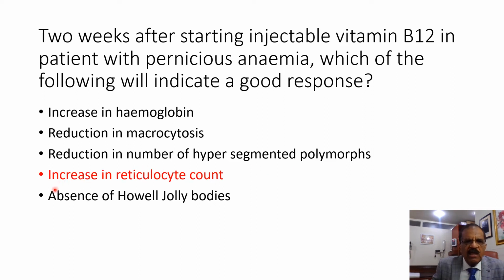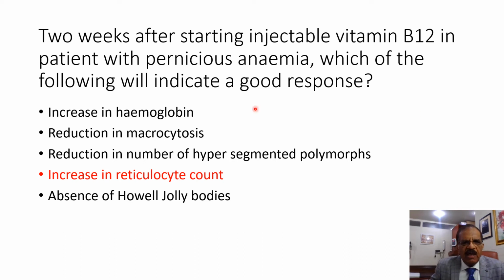It is the increase in reticulocyte count. In these patients, bone marrow is hyperplastic, but there is maturation arrest. In the process of maturation, at a certain level, there is arrest, and behind that there are a lot of cells. It's just like a traffic block. Once the blockade is removed, there will be prompt movement of the vehicles.